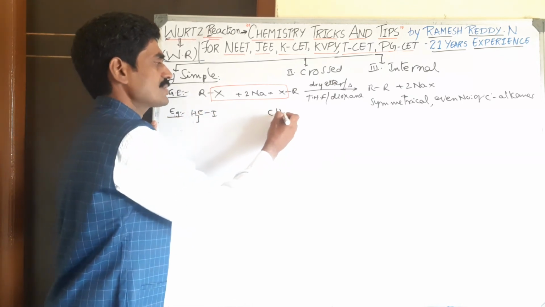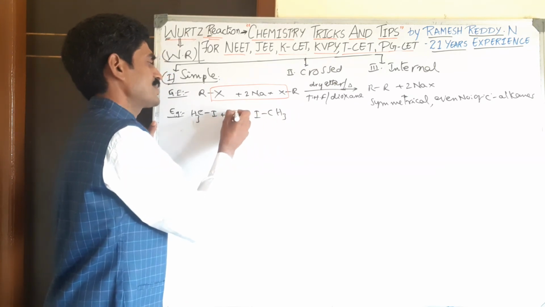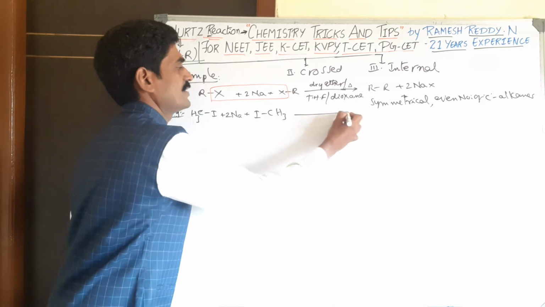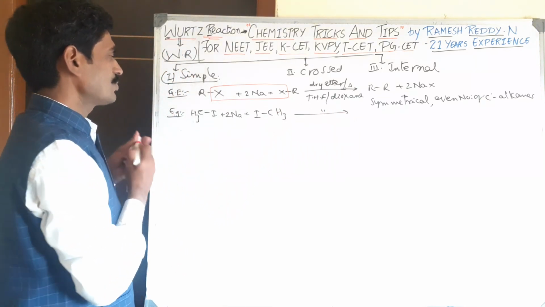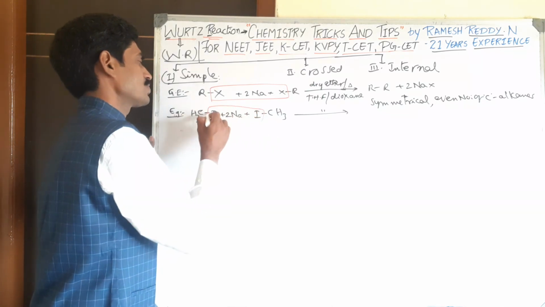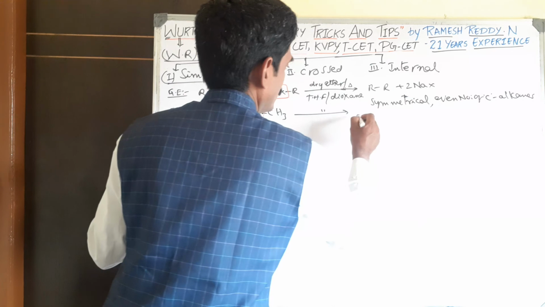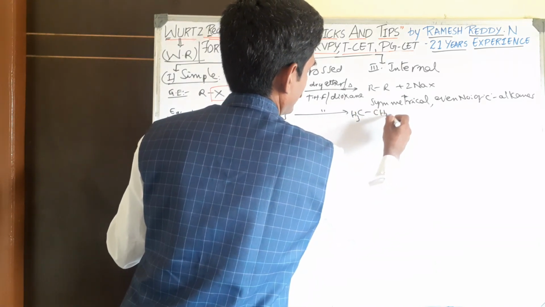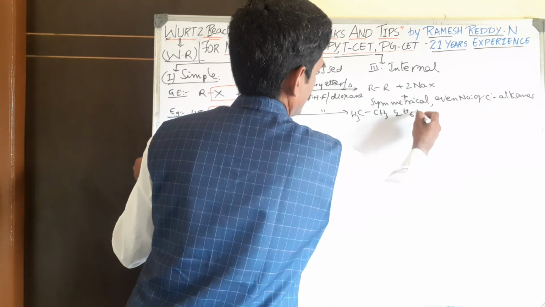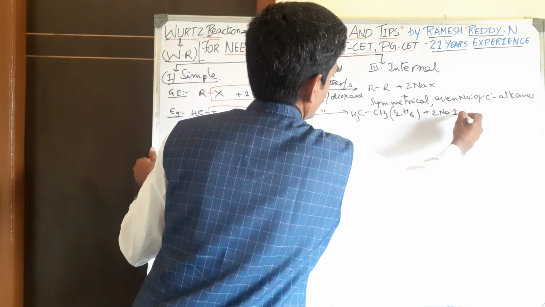You have to take 2 moles of methyl iodide, react with 2 moles of sodium metal, heated using dry ether solvent. Then with the removal of sodium iodide, the 2 methyl groups are combined, and you will get CH3-CH3, that is C2H6, ethane, with the removal of 2 moles of sodium iodide.